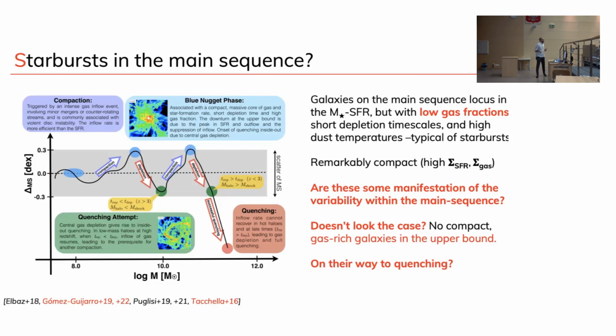This is just a possible explanation. There are ways probably to test it. We can see what the properties of the gas in these objects are. Are they looking like starburst galaxies? We heard yesterday the concept of spectral line energy distribution when we talked about NOEMA. Is the spectral line energy distribution of these things more like the typical SMGs and starbursts, or is it something that looks like the main sequence?